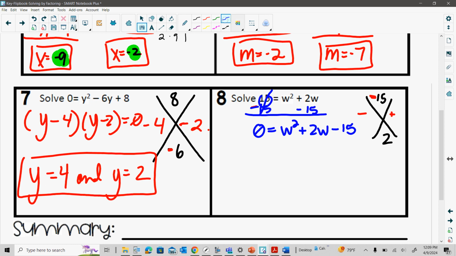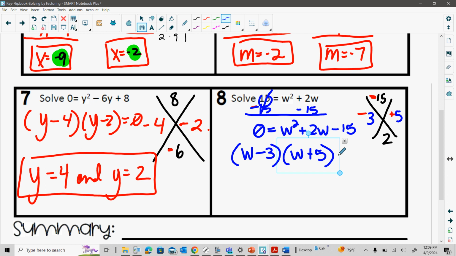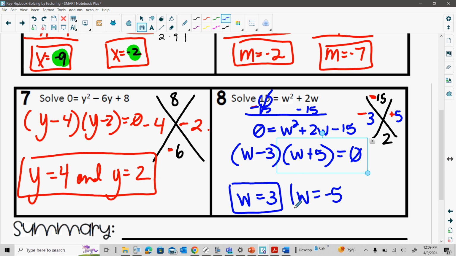So here our factors should be a -3 and a +5, so that the sum is going to end up being positive. So my factor form is w minus 3, since it's -3, and w plus 5. These are equal to 0. So that means our w is a +3 and our w is a -5. These are our two solutions.